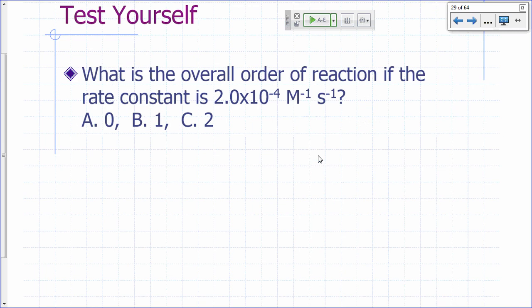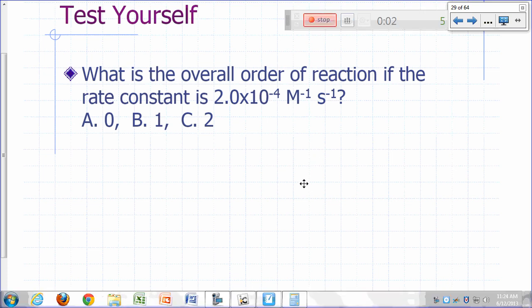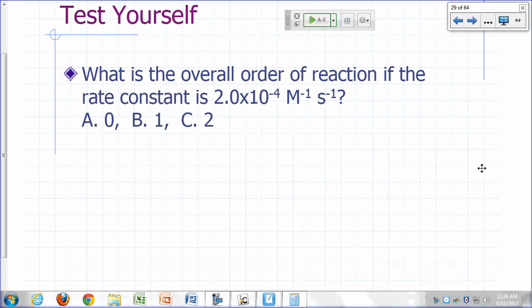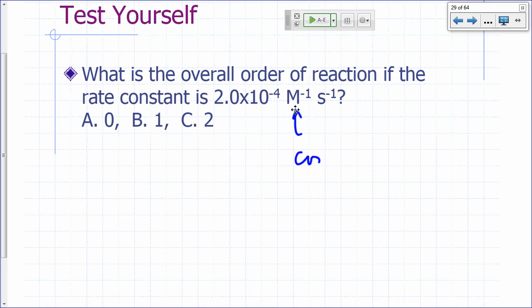How about this one? What's the overall order of the reaction if the rate constant is 2.0 times 10 to the negative 4 per molarity per second? Second order. Okay? Per molarity means concentration unit to the -1, right?